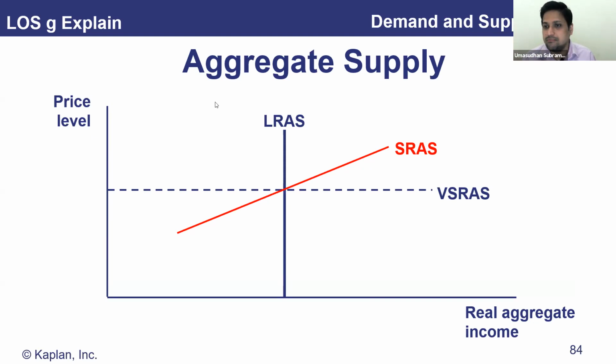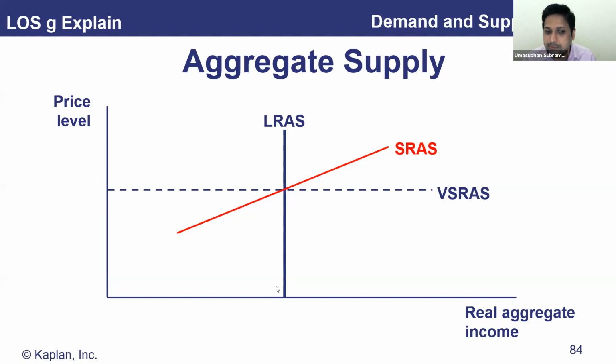In the short run, if you are not at full employment, you can utilize unutilized resources. You can bring in more staff, you can use more resources, you can increase your production. In the short run, you could also do overtime. If you do overtime, even if you are at full employment, you see what's happening. This is the funny part. In the short run, your GDP goes above full employment GDP.